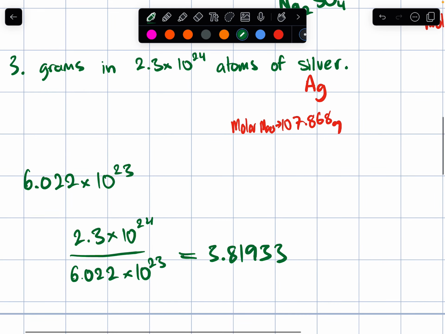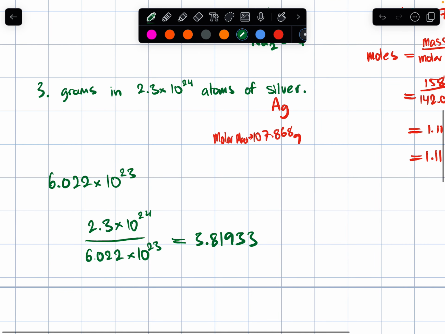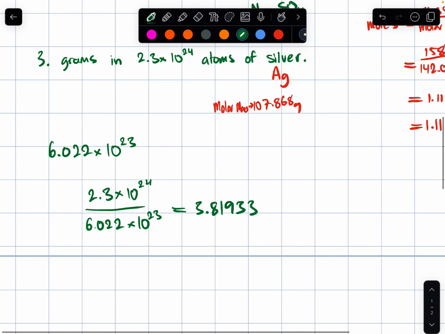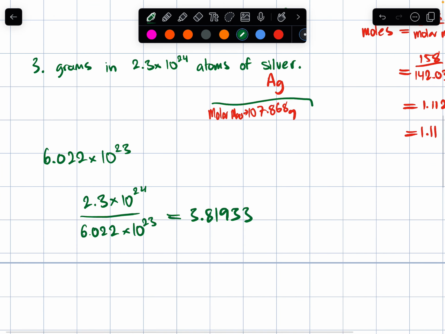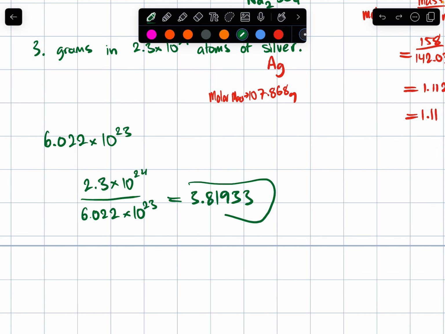I'll just leave it there. You shouldn't round it in your calculator, by the way, just round on paper. And then we know that each mole of silver, according to this, weighs 107, almost 108 grams. We have 3.8 moles. You just multiply moles times molar mass equals mass.